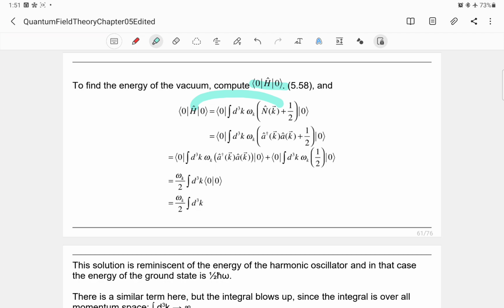I think the solution is very clear, so you will have this as a result.